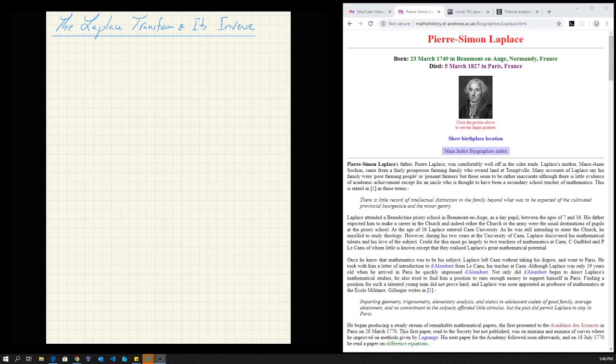So bigger than just looking at it from the narrow point of view of a tool that makes solving differential equations easier, another way of looking at it is that it takes a differential equation which represents a system, so let's say some mechanical vibration system like simple harmonic motion, like an oscillator.